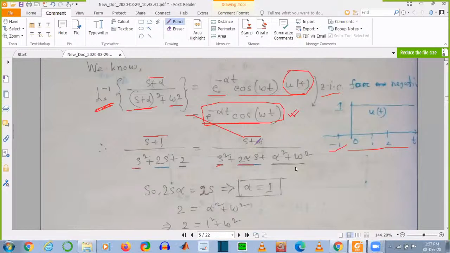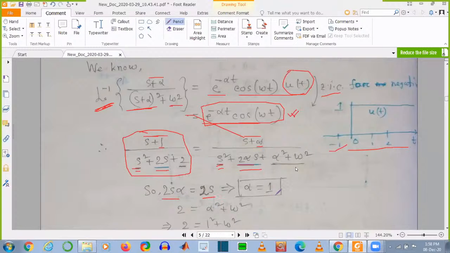But now we will compare this function with our original transfer function. This is the original transfer function. If we compare them together, you can see s plus alpha, so alpha equals 1. Can you get that? Alpha equals 1 from here. So we got alpha equals 1. Now, in the denominator, the first term s square is also equal. Now 2 alpha s, here we have 2s, so 2 alpha s equals 2s, so alpha equals 1.